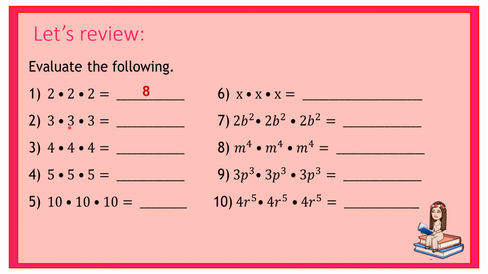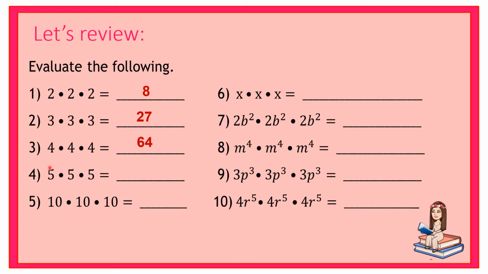If we have 3 times 3 times 3, that is equivalent to 3 cubed or 3 raised to 3, which is 27. So, if you are asked for the cube root of 27, then that is 3. Next, if we have 4 times 4 times 4 or 4 cubed, then that is 64. So, if you get the cube root of 64, then that is 4.